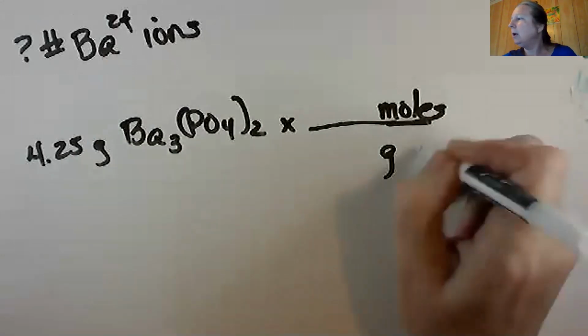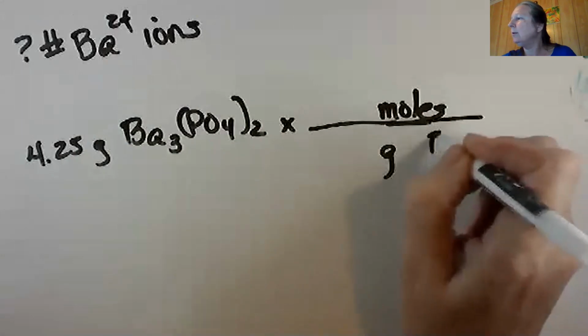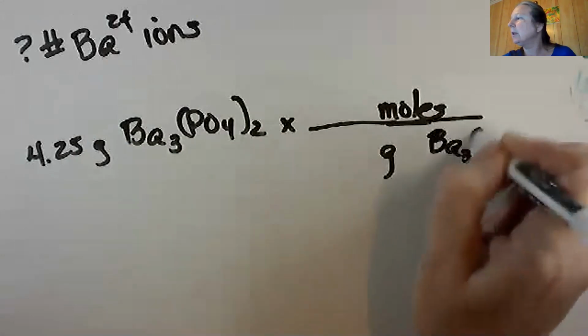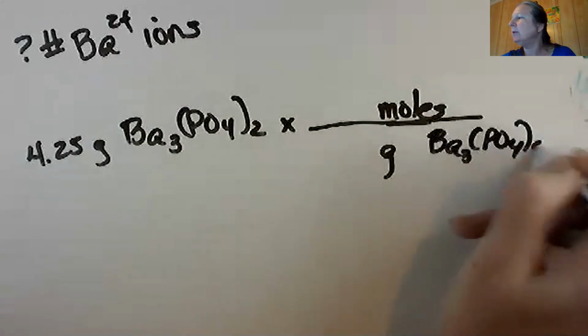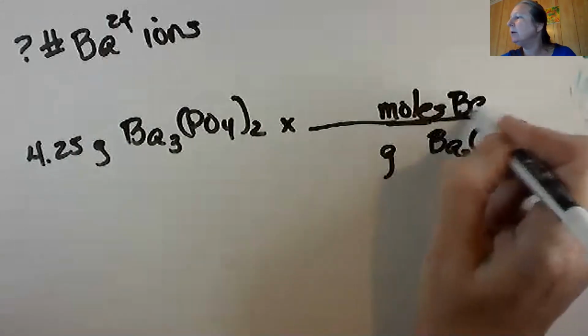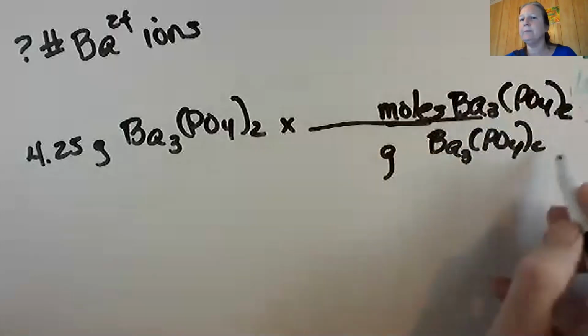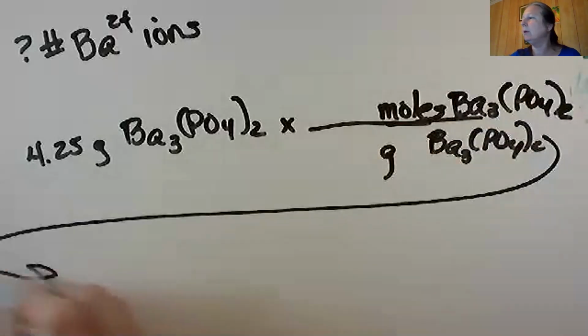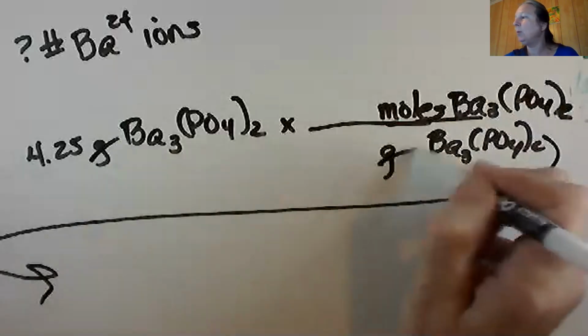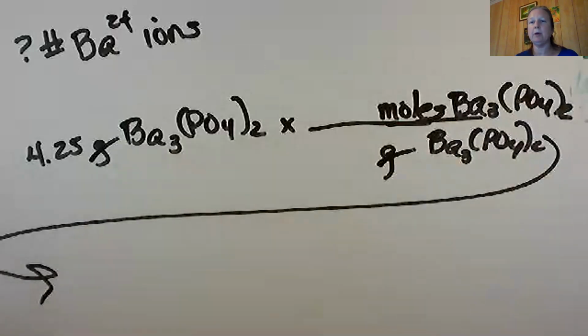So I'm going to write my compound here, even though it's kind of a pain. It's better than making a mistake. All right. So now we have moles of the compound. Good. Now that we have moles of the compound, we can exchange identity.